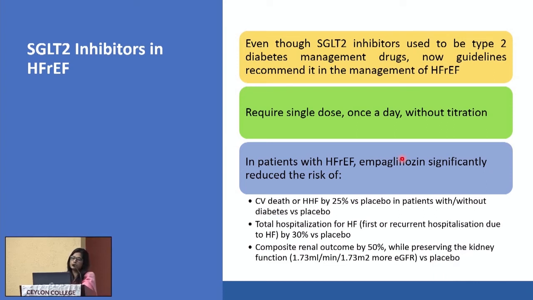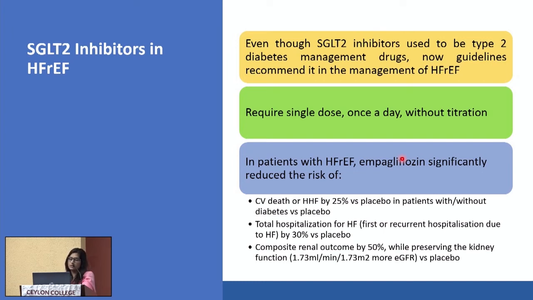Now, even though the SGLT2 inhibitors used to be type 2 diabetes management drugs, guidelines now recommend them in the management of heart failure with reduced ejection fraction. It requires a single dose once a day without titration. So, in patients with heart failure with reduced ejection fraction, empagliflozin significantly reduced the risk of cardiovascular death or hospitalization by 25% versus placebo in patients with or without diabetes.